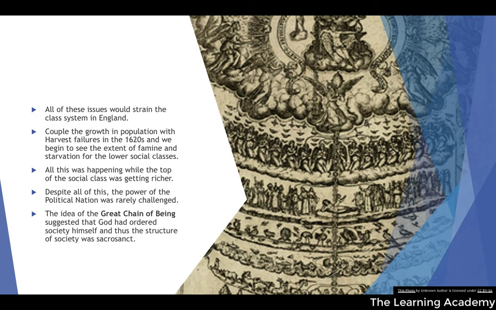One of the reasons was this idea of a great chain of being, which suggests that God had ordered society himself to be structured in this hierarchy. So the structure of society was seen as sacrosanct; you weren't allowed to question the social structure because it was all ordered by God.